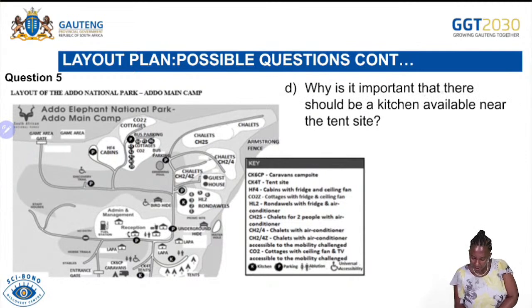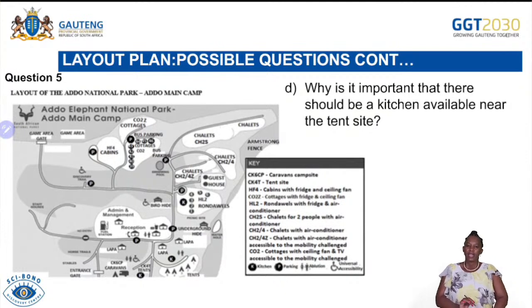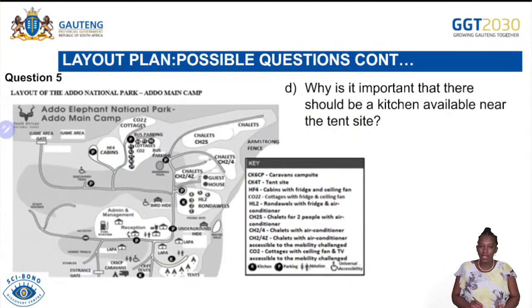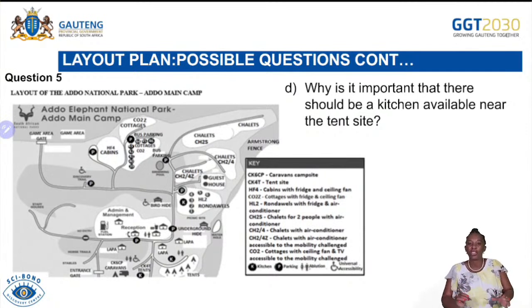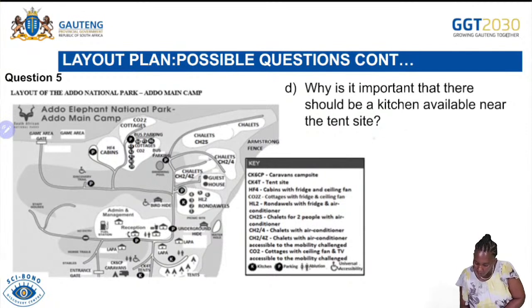Why is it important that there should be a kitchen available near the tent site? Remember, if you are living in a tent, there is no ablution, there is no toilet in a tent. There is no kitchen, no place to cook inside the tent, because you just go there and erect your own tent, and you sleep in there. So why should there be one? So that you are able to cook.